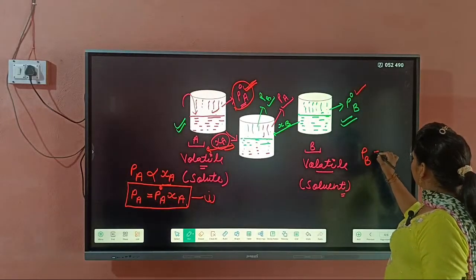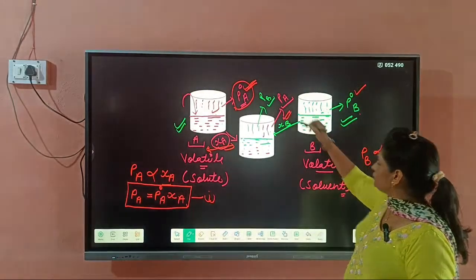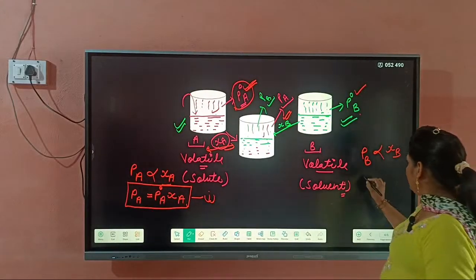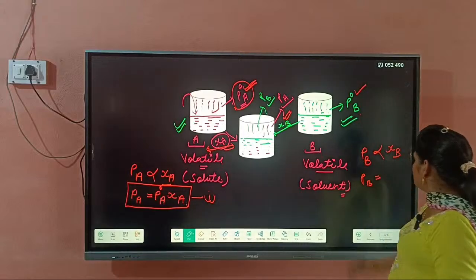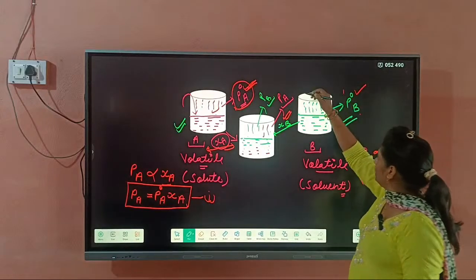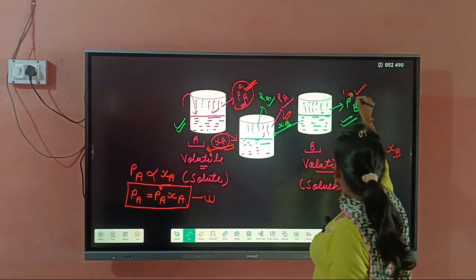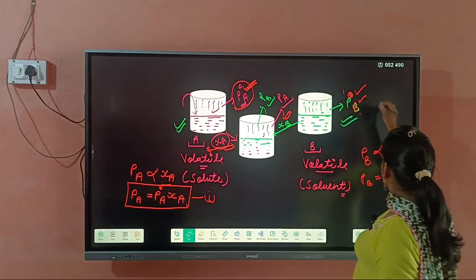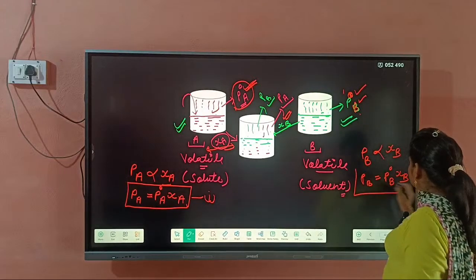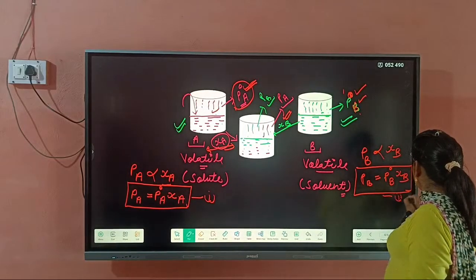So PB is directly proportional to the mole fraction of B, which is XB. Again PB is equal to, now write the constant of proportionality for that. We can take P naught B. So PB is equal to P naught B XB. Let us consider this is equation 2.